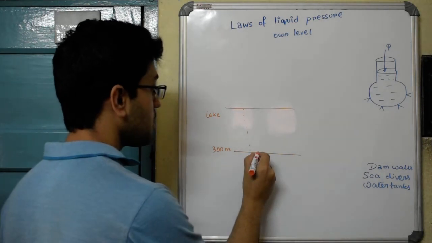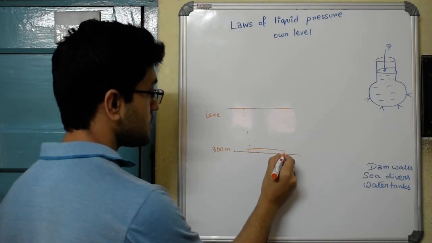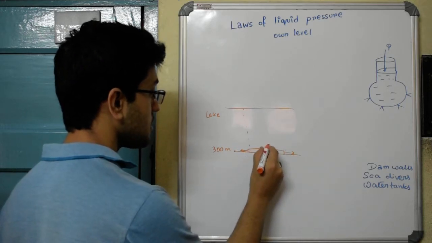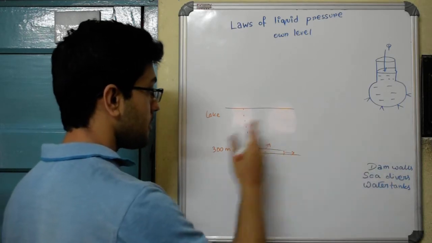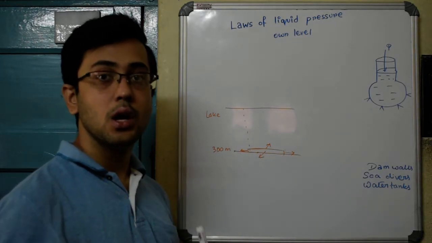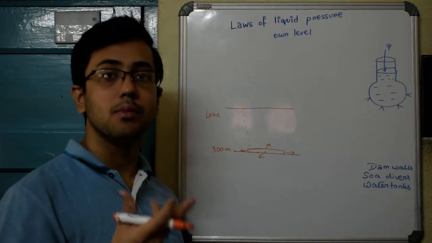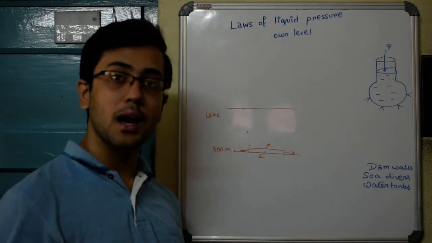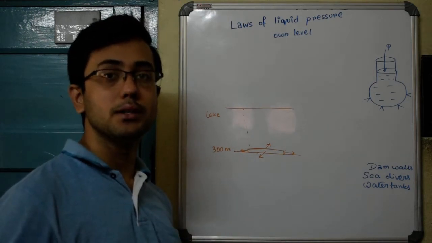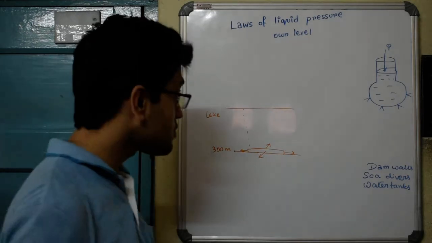So at this point the water that is present, so this is an amount of water that I consider, it will exert the same pressure in all directions. Left, right, front, back, in all directions it will exert the same pressure. So for a certain height, the pressure in all the directions is the same. Pressure changes with changes in height, but at a certain height, in all the directions, the same pressure is exerted. It does not vary with the direction.